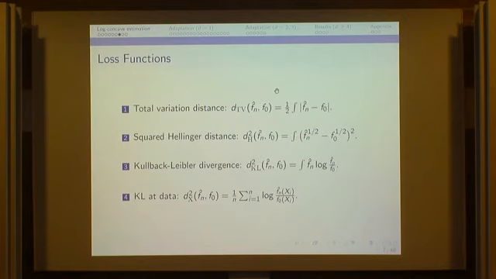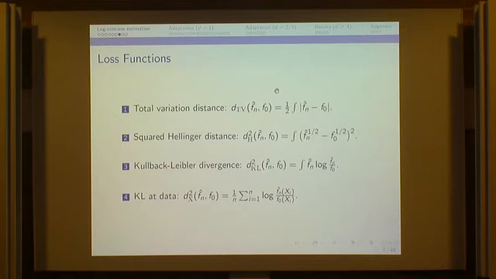This is close to Kullback-Leibler divergence, but we replace the integral against f0 with the empirical measure. We take a log ratio and then we take the average at the data points.